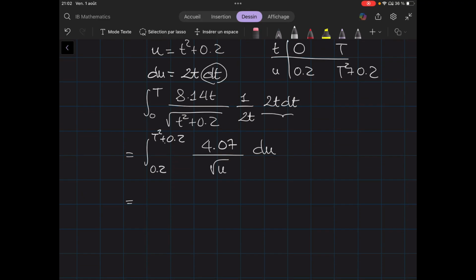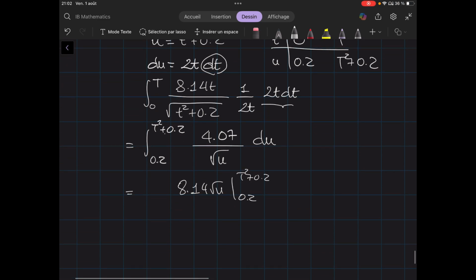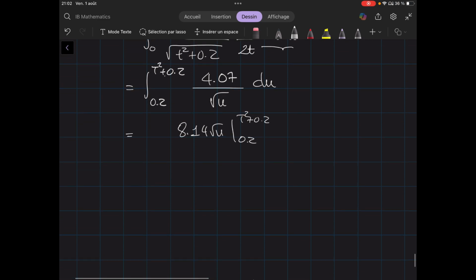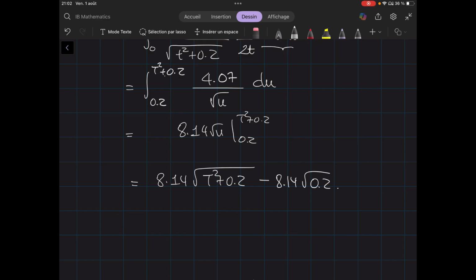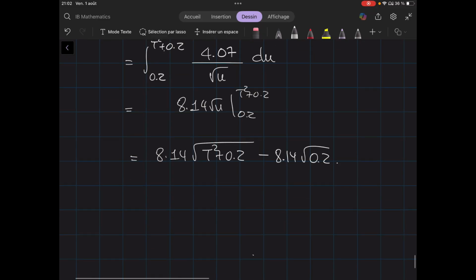And integrating this is trivial. Upper bound, lower bound. Plug it in. And that is the distance that she has covered in T seconds.